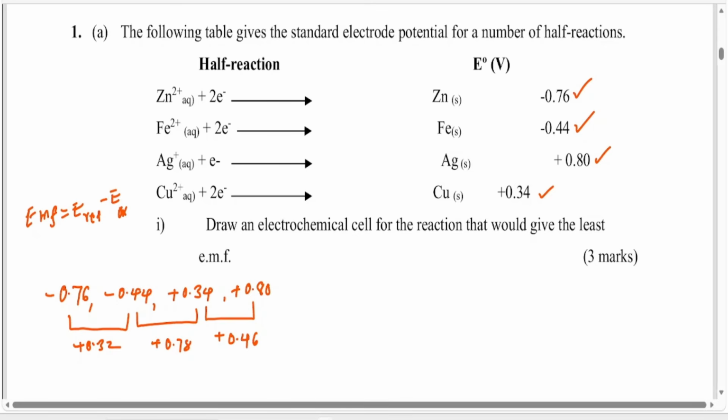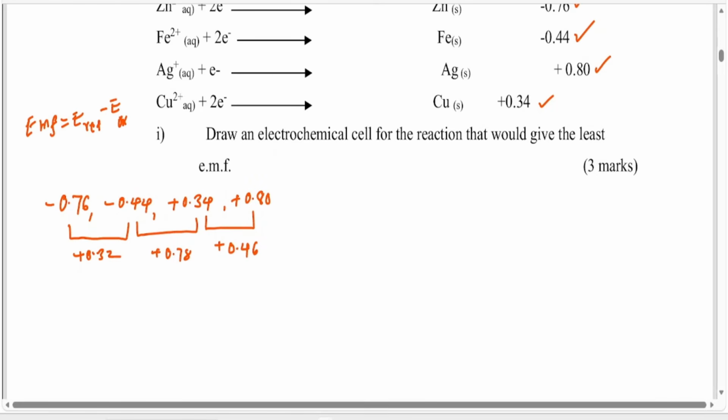Because our question says we draw an electrochemical cell for the reaction that gives the least EMF, the cell that gives the least EMF is a combination of the zinc and iron 2 cells. So I'll choose it, and I'll first write the cell notation of the two cells.